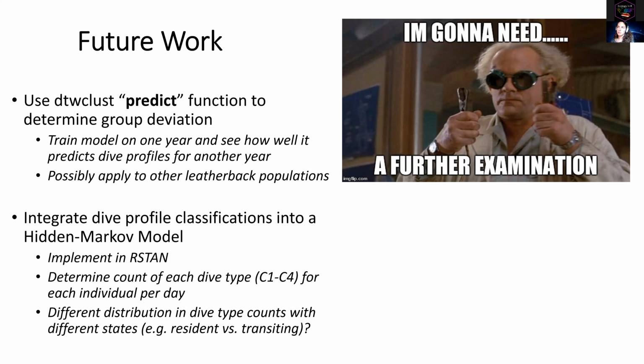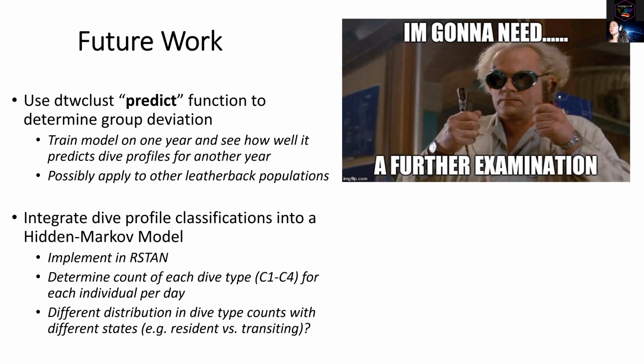And then, of course, there's a possibility of applying this to other leatherback populations. It'd be really interesting to also get some data that has actually been ground truthed and see how well these models predict the number of clusters, for example. I could use the external method for that, of seeing how well they predict.